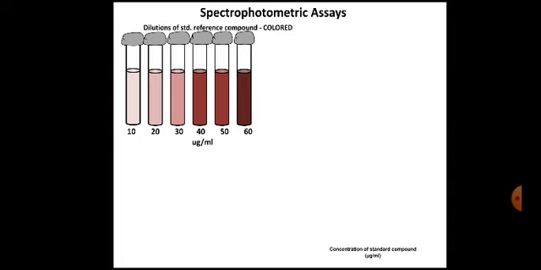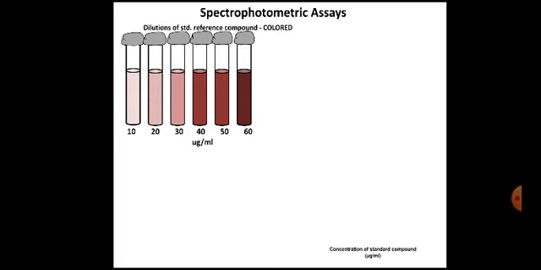For any spectrophotometric assay, the first condition is that you must have a standard reference compound. That means if you are working on riboflavin fermentation, the standard reference compound will be riboflavin in pure form. So this standard reference compound should be available in pure form.